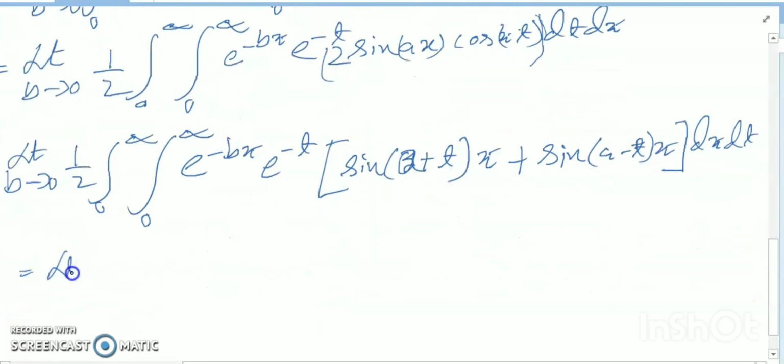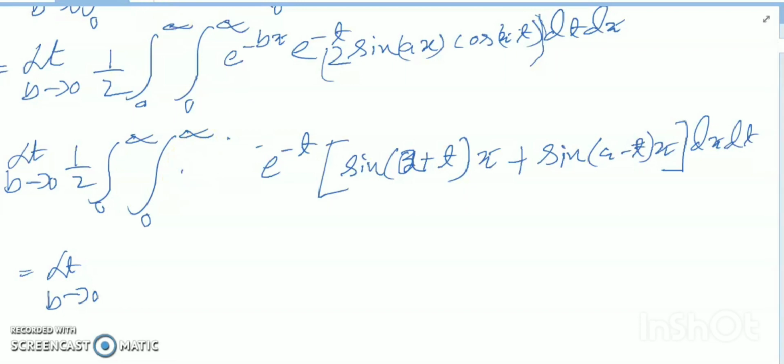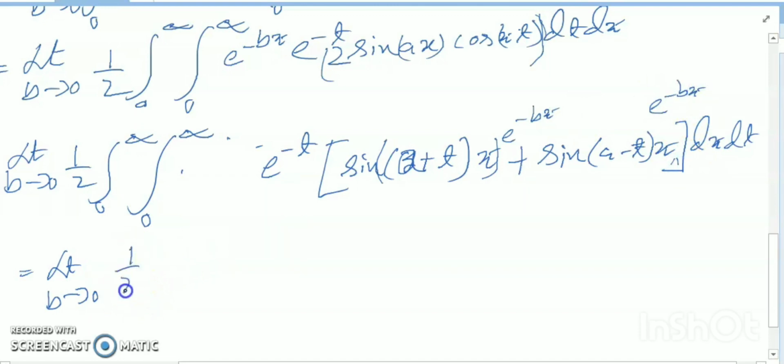So limit b tends to 0 and I can apply simple e to the power minus bx; just remove this in here and multiply in both sides. So just multiply in here e to the power minus bx. Very simple. So half into the integral from 0 to infinity and 0 to infinity, and this portion is the Laplace transformation of this.